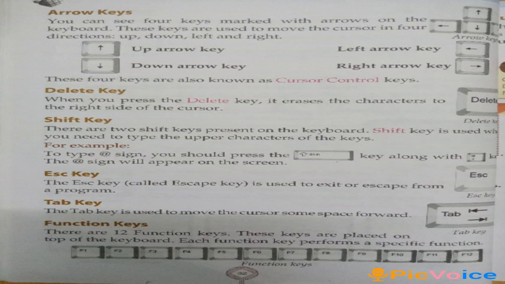Then function keys. My dear students, there are 12 function keys on the keyboard, and each function key performs a specific function, and that function key is marked with F1, F2 till F12.